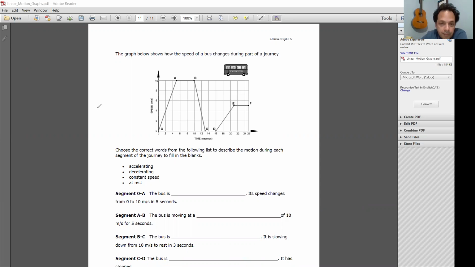So O to A is from here to here. What do we know? Speed's increasing pretty quickly. So you're going to say he's accelerating. From A to B, he is at a constant speed.